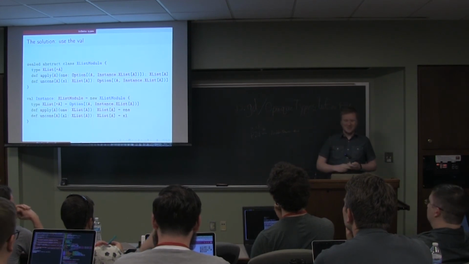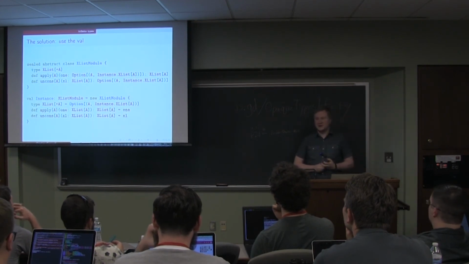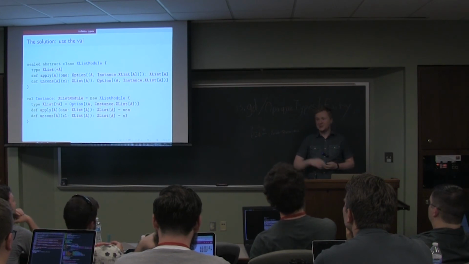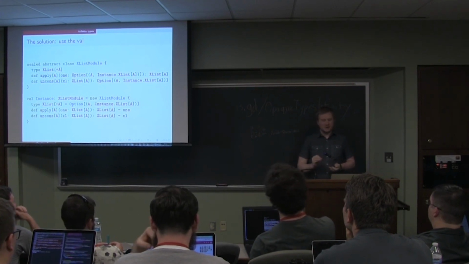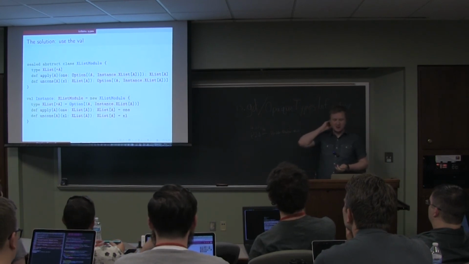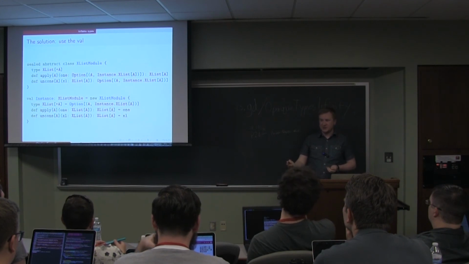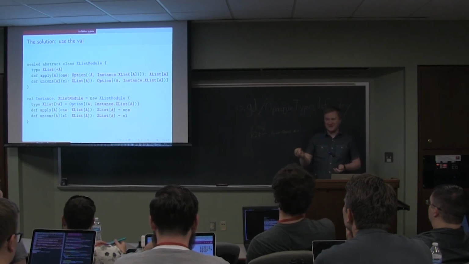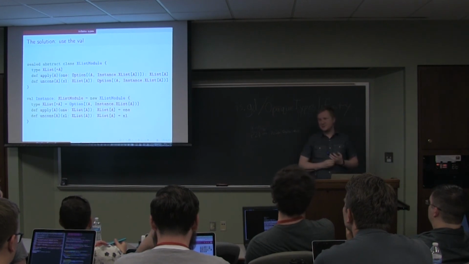Second, there is a rule in the implicit search rules that says you have to search the path. Now, instance is included in the path, and it has a super type, which is XList module. So you can't define a companion for the type itself, but you can define a companion for XList module. So that is where you would put it.